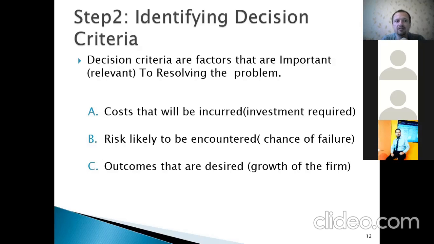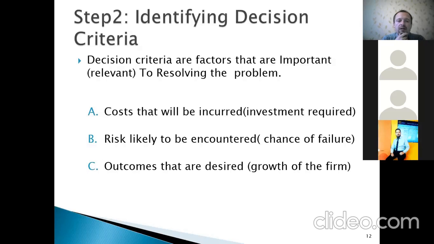In this very case, the weight of cost criteria will be the highest. And maybe you will evaluate also risks of every possible alternative.